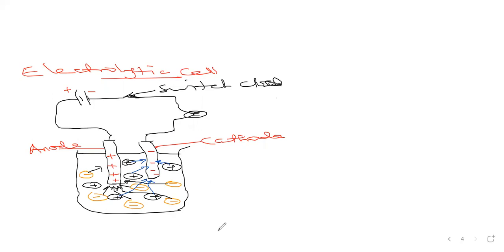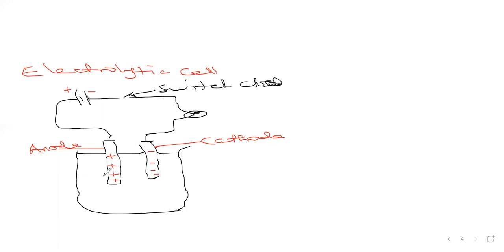So at the end, what do you have? Negative ions migrate to the anode. Those are the anions. Then the positive ions, which are the cations, migrate to the cathode. At the end, you have something of this kind. You have it that the negatively charged ions are around the anode, and the positively charged ions are around the cathode.